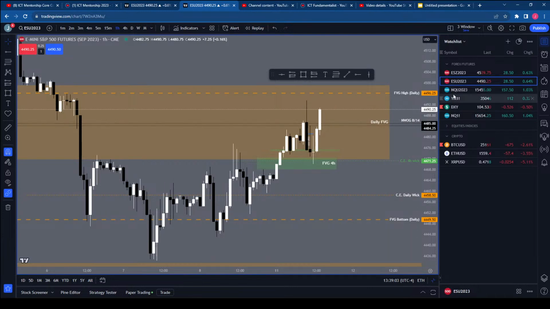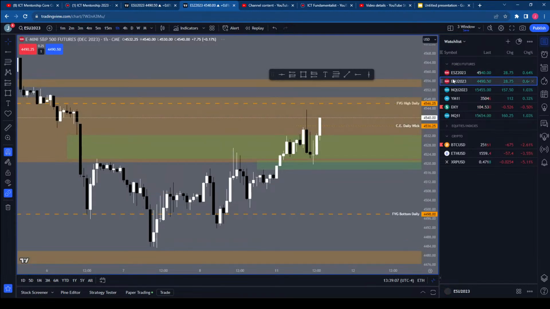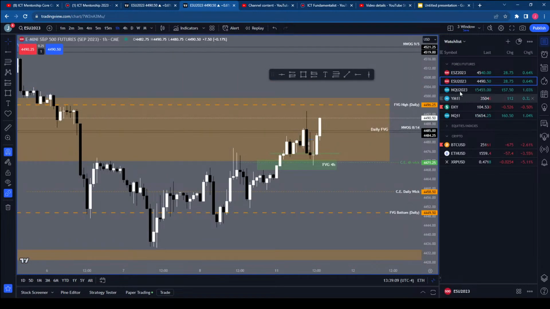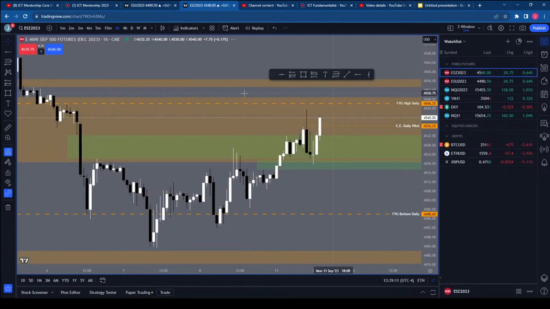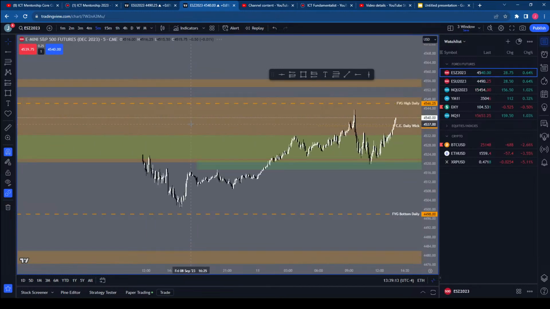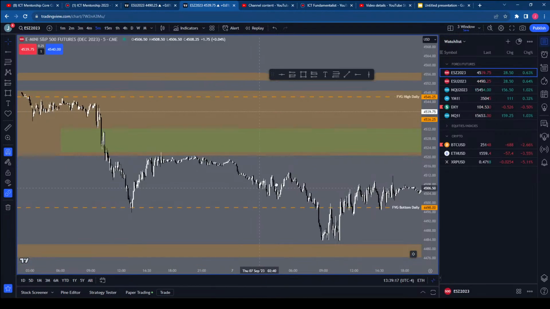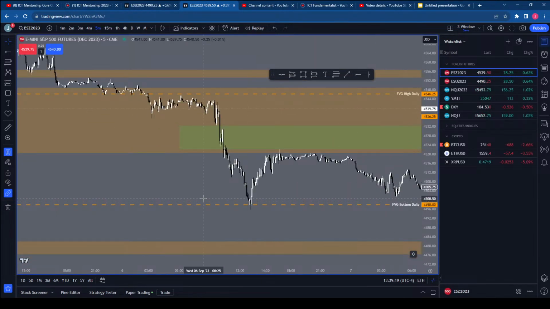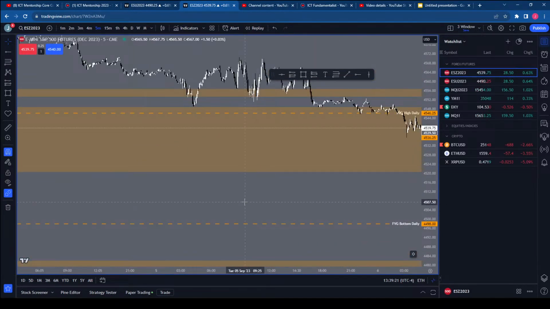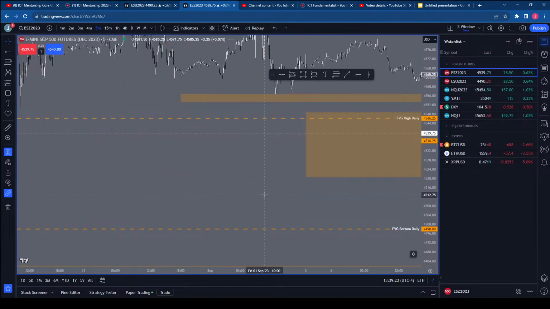Have this new week opening gap here. What is that the new week opening gap for? 814. That looks pretty pivotal because we're right on it today. So we're going to have to go all the way back to 814, August 14th.